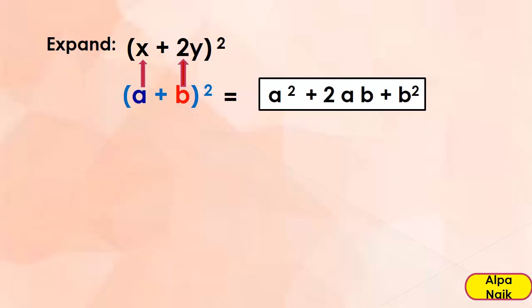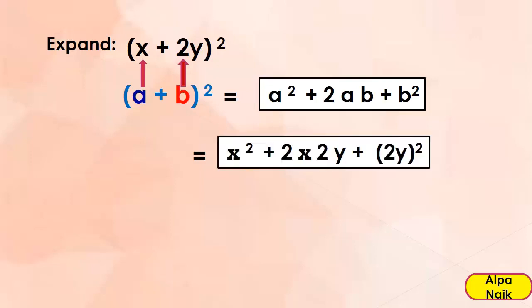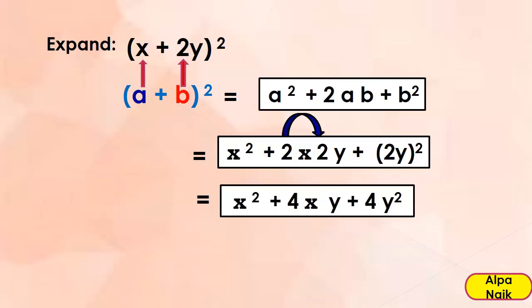So now substitute x and 2y appropriately. Now x square as it is, 2 into 2, that is 4xy, we will write. Remember, (2y) the whole square. So the square of 2 is 4 and that of y is y square. That means (2y) the whole square is 4y square.